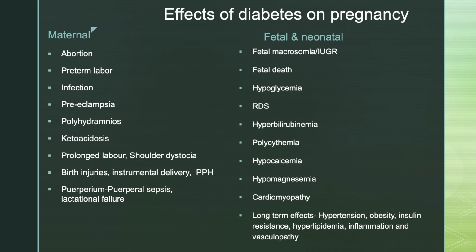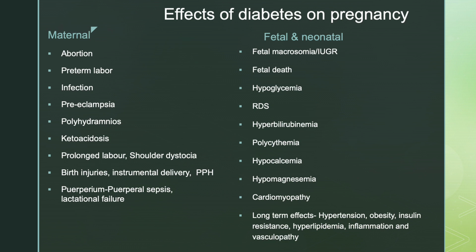There may be hypoglycemia in the postnatal period, and there is suppression of surfactant production by the hyperinsulinemia. There is more chance of developing respiratory distress syndrome even in a term neonate.